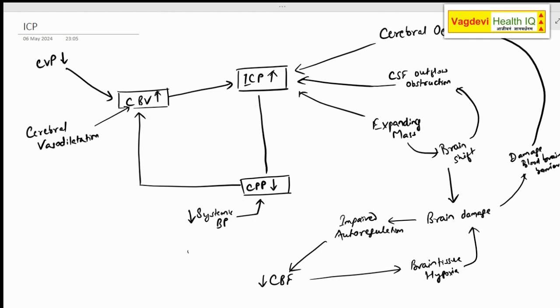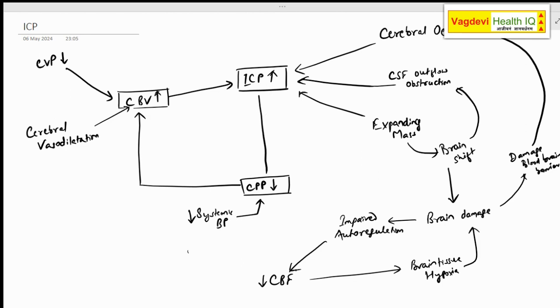So 160 minus 40 is 120. Normal ICP was 10, 160 minus 10 is 150, which is more. Now understood the concept? Less systemic BP will cause less CPP. All are interrelated. I have made this image to make you understand how the regulation works.